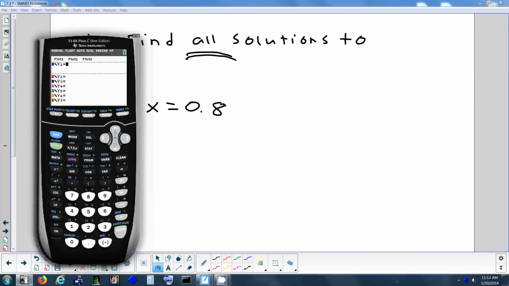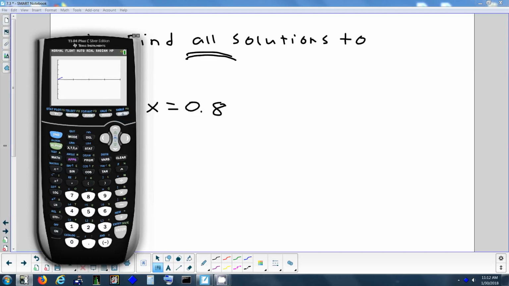So to find the 2 answers, we just graph sine of x, graph 0.8. And the important thing is make sure you set your window to one period. What's the period of sine? 2 pi. So we're going to go 0 to 2 pi. As far as the highest and lowest, negative 1 to 1 is all you need.